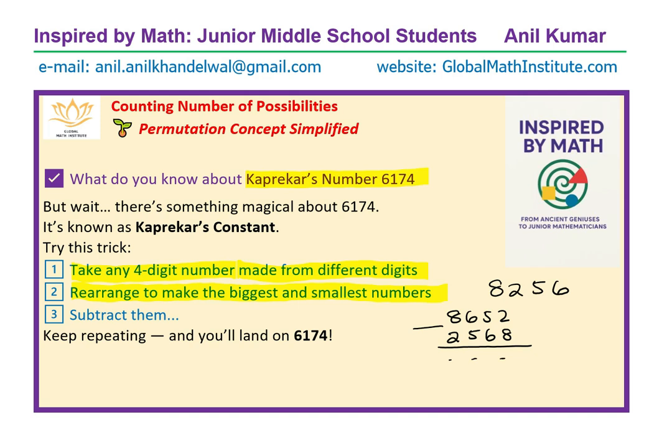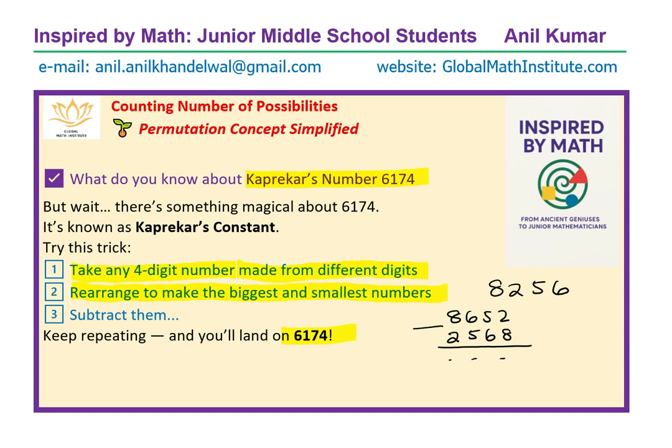Well, continue this process. In maximum 6 to 7 trials, you will finally get a constant number which is 6174, and this number and this process was discovered by Kaprekar and it is therefore attributed to him, and he discovered many other things. You get the whole idea.